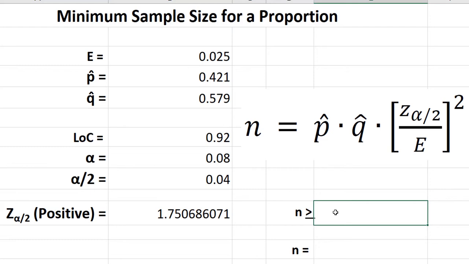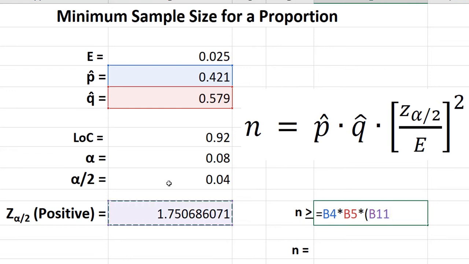It's not so complicated. Just pay attention to how I'm doing this. It will be equal to p hat times q hat times, and now I'm going to open a parenthesis, and we take our z sub alpha over 2, and we divide that by e.